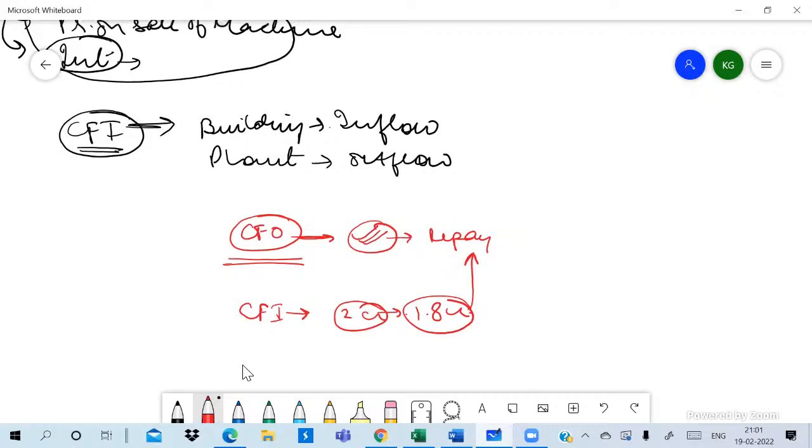So a banker would always try and focus on your cash flow from operations, see how strong you are on an operational level, whether you have any liquidity issues or not, or can you pay off the loan on time or not. Similarly, as an employee, you are more interested that the company should have decent cash from operations so that the salaries and wages can be paid on time, and any training expense can be incurred.